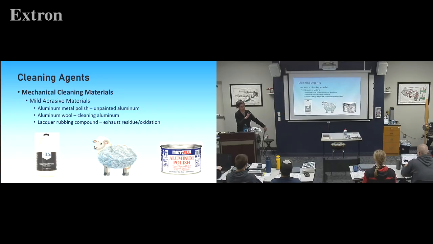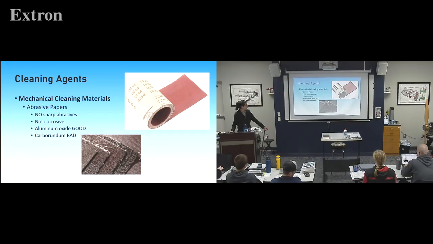Make sure you're not thinning down your material. Sandpaper: double check with the manufacturer that it is the right kind for aluminum. You don't want any sharp, abrasive, corrosive grit, so use the right sandpaper for your material. Aluminum oxide sandpaper is great for aluminum.